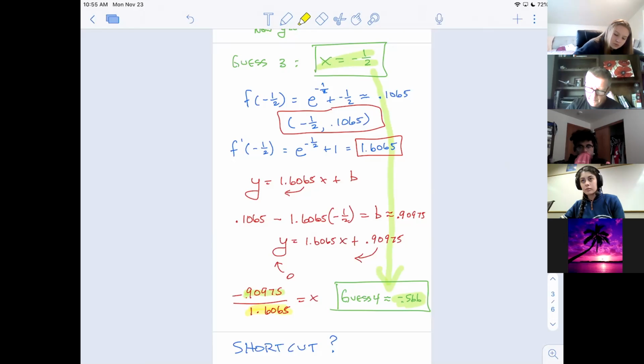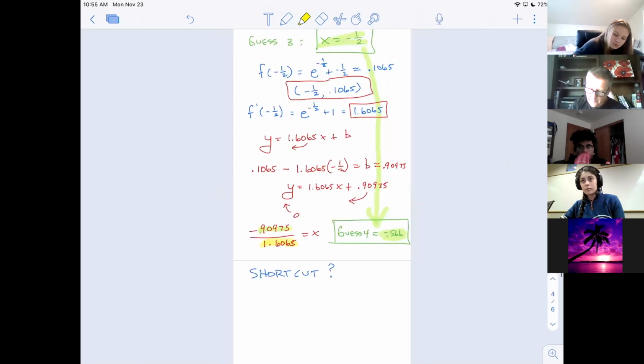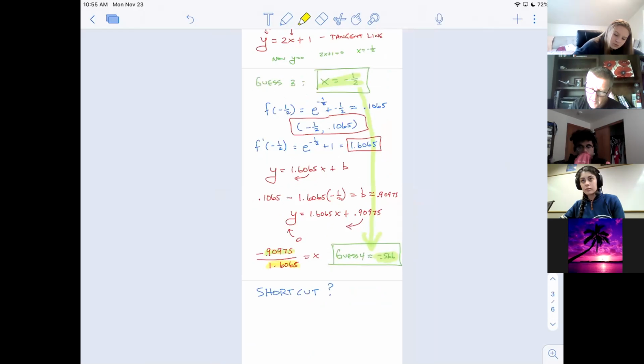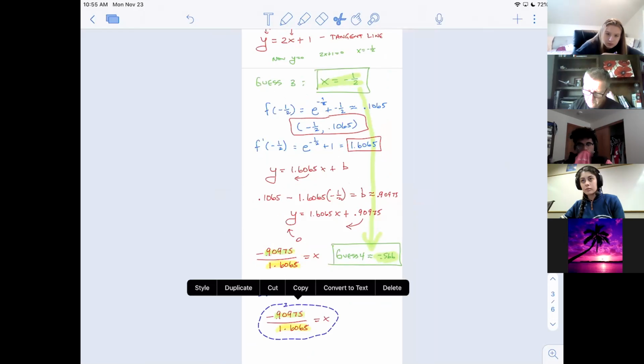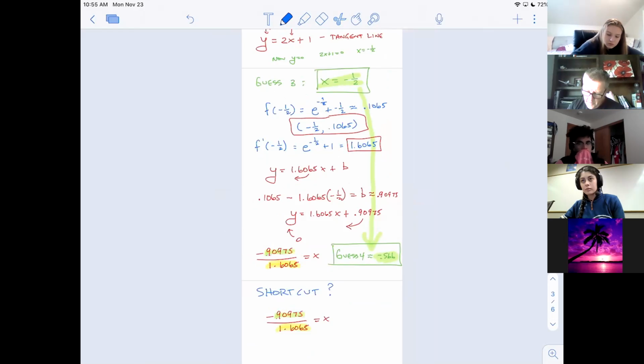Well, let's think about this statement right here. Let's copy it down. Where did that come from? Well, wasn't that just, back up here, 1.106?